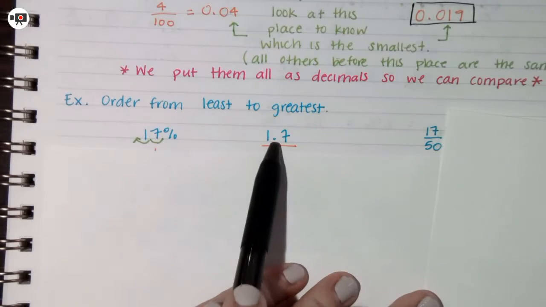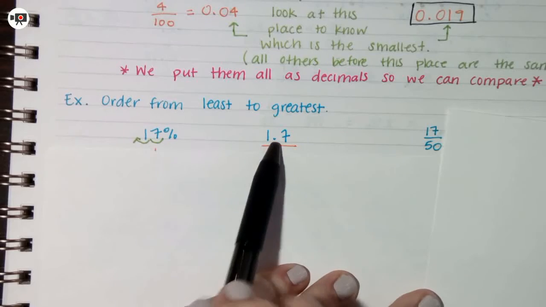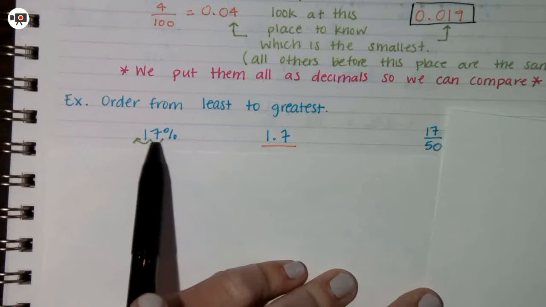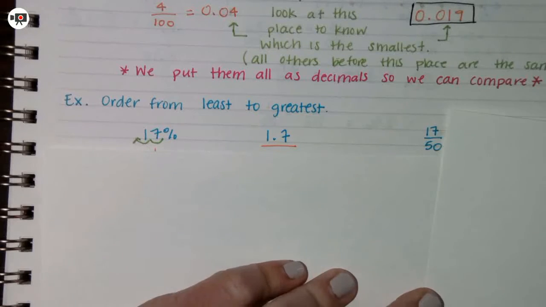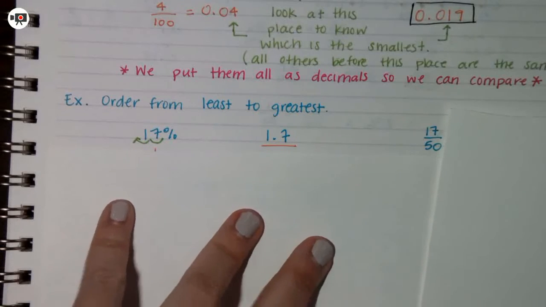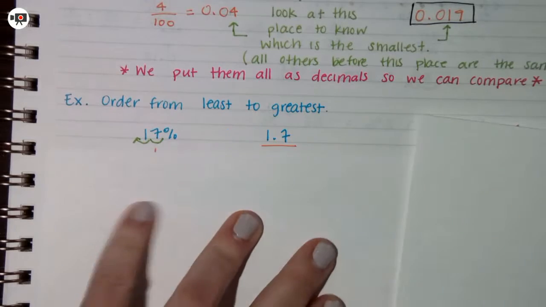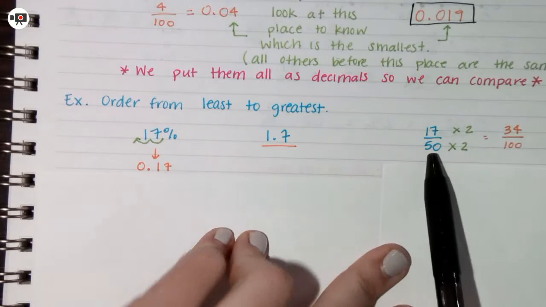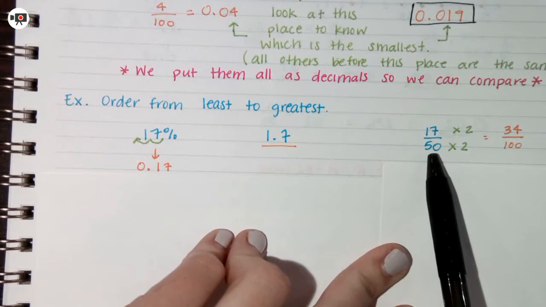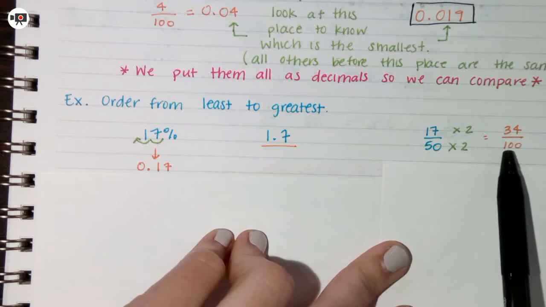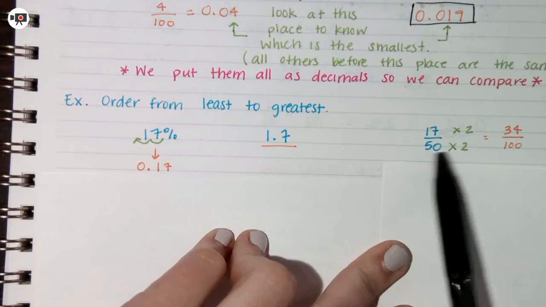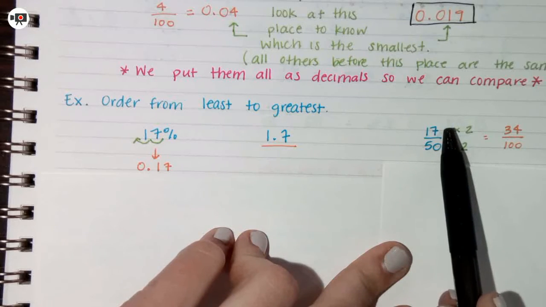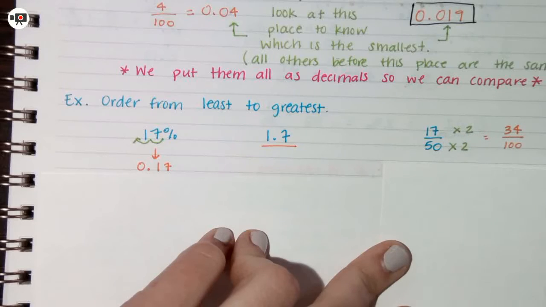So if I leave it as a decimal, I'm leaving 1.7 alone. For 17%, I take my decimal from where it is and move it 2 spots to the left. So I have 0.17. And then to turn 17 over 50 into a decimal, I need a denominator of 100. To turn 50 into 100, we multiply by 2. What you do to the bottom, you have to do to the top. And so I get 34 over 100.